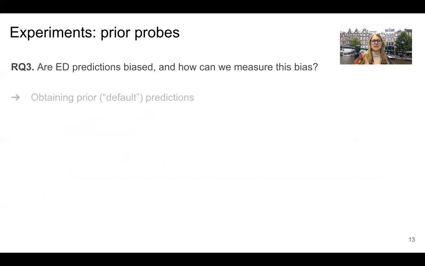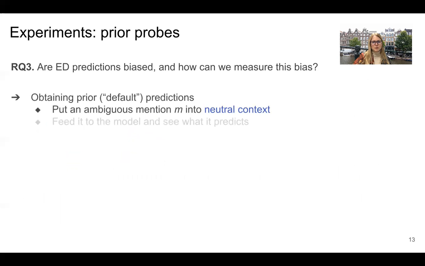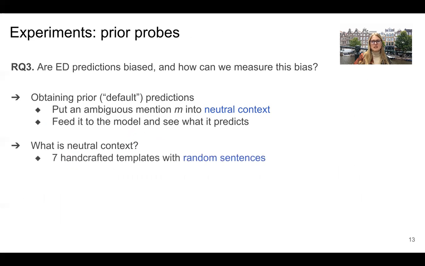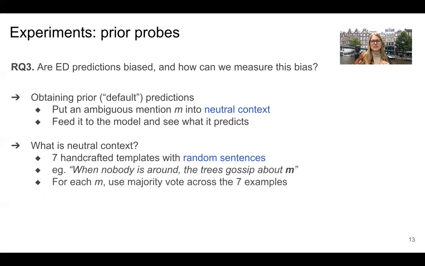And then we did the experiments with priors. So we put the names of entity spaces into a neutral context, which was designed specifically to not give us any information about how to disambiguate it. And we use this neutral context to obtain the prior answer of the model.